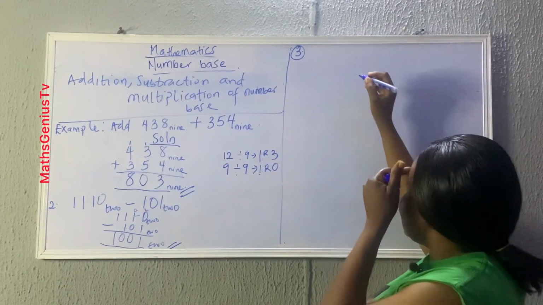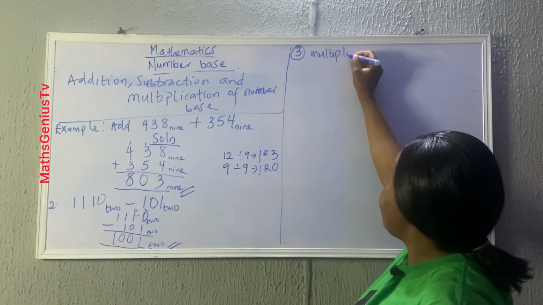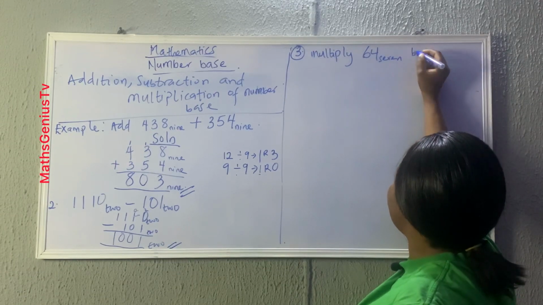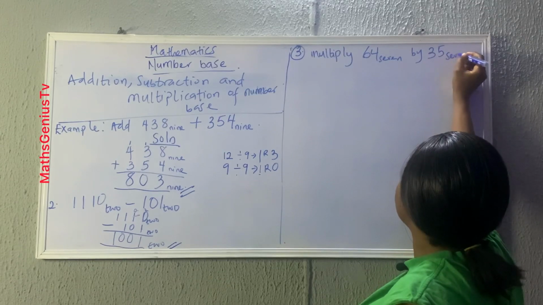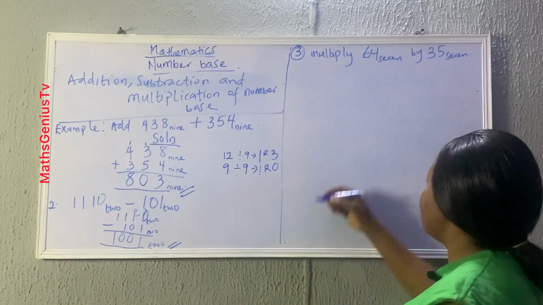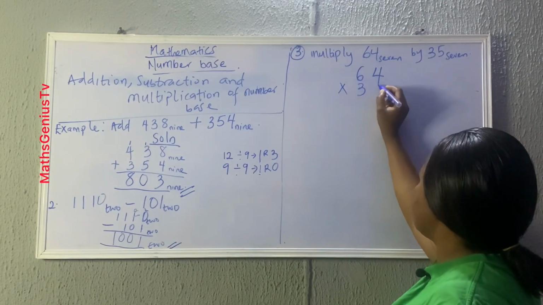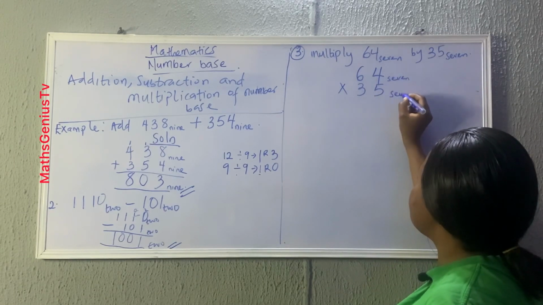Now we want to multiply 64 base 7 by 35 base 7. We are both in the same base, so we're going to solve 64 times 35. They are both in base 7.